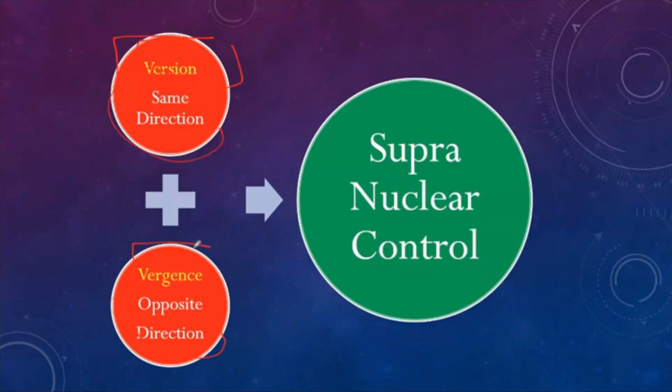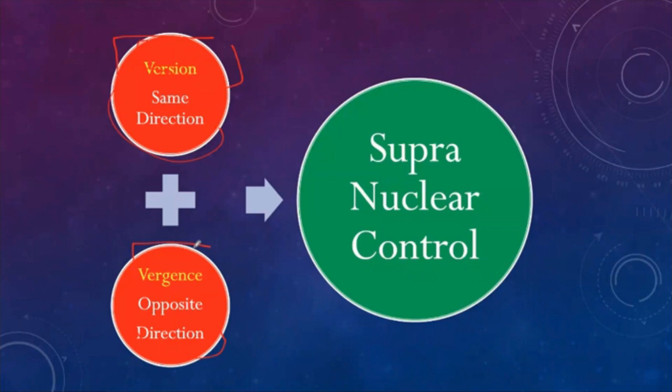To let you understand the supranuclear control: what if we are looking with my right eye to a certain direction, let's say to the right, and with my left eye also to the right, so both eyes are moving to the right? Which center will give the same orders to the right eye and the left eye in order to move together?